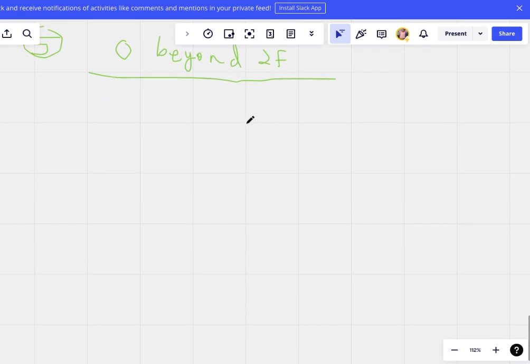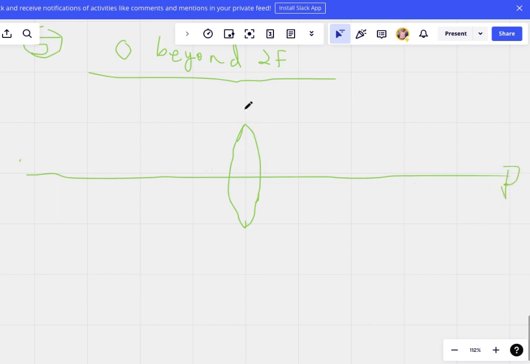Let's draw our lens. Let's say this is the principal axis, you can just call it P.